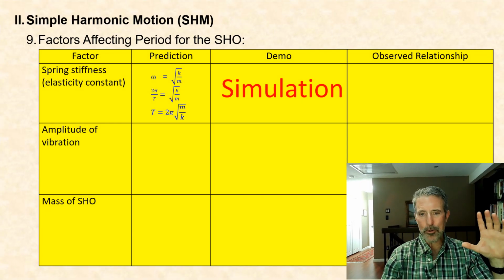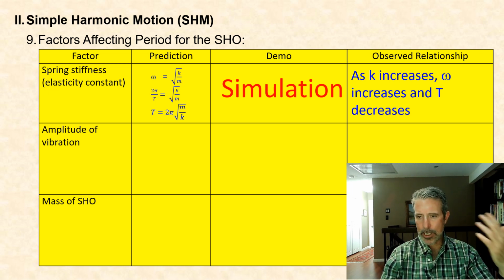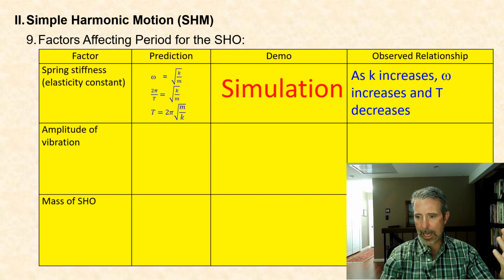So what can we conclude from the simulation that we just witnessed? Was the observed relationship consistent with what theory told us we should expect to see? Most definitely. We saw that for the case of the stiff spring, with a large value of k, the frequency of vibration was large, as theory would suggest, a direct relationship between omega and k.